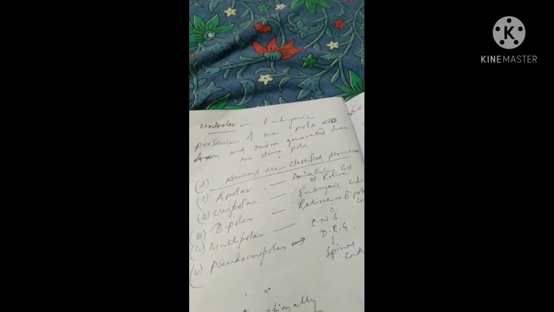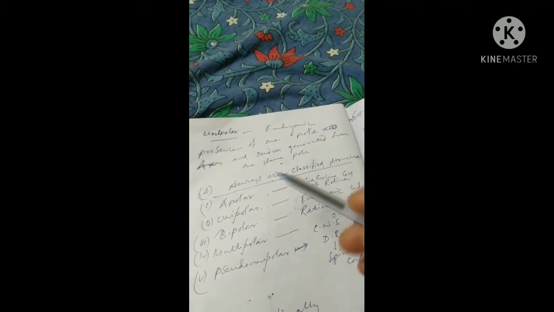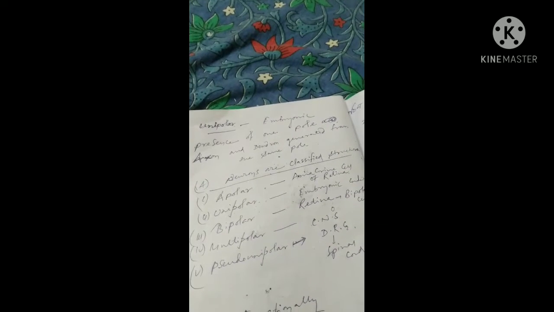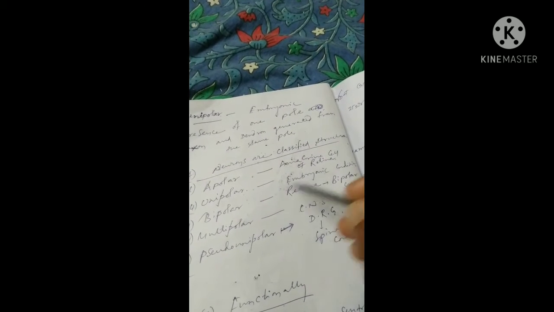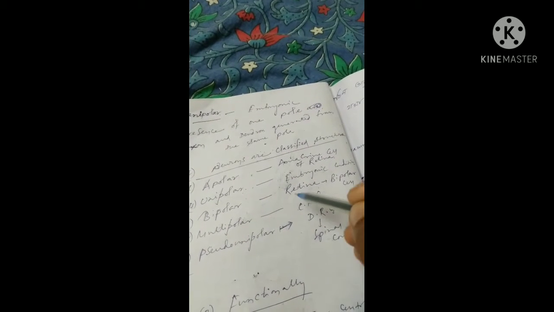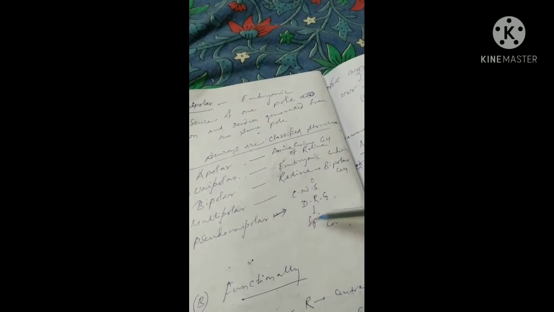And the unipolar, found in the embryonic stage, contains only one process that will generate axon and dendron. The bipolar type is found in the retina, that is the bipolar cell of the retina. Multipolar is found in the central nervous system, and the pseudounipolar is found in the DRG of the spinal cord.